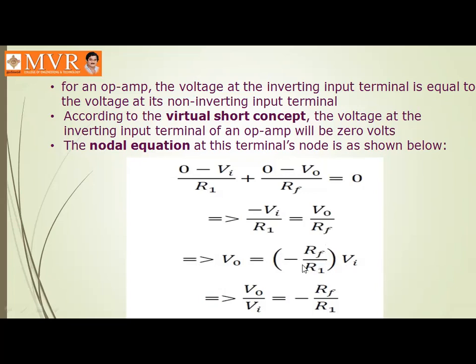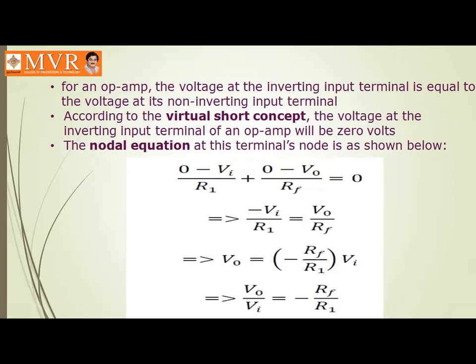If the Rf by R1 value is equal to 2, then the output voltage will be doubled when compared with the input voltage. So the gain depends upon these Rf and R1 values. And the minus symbol indicates that there is a 180 degrees phase shift between input and output.